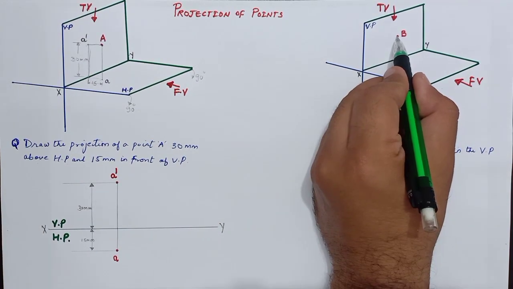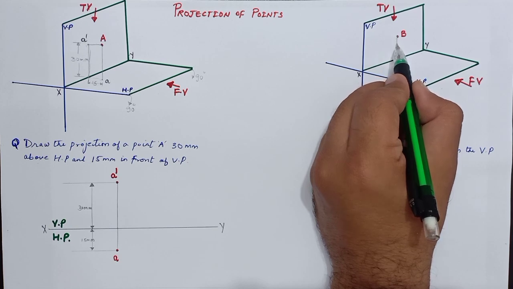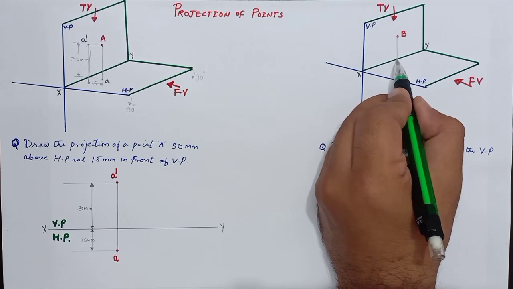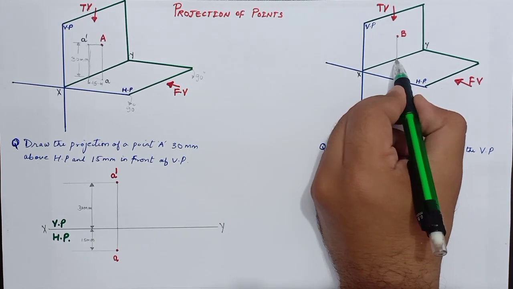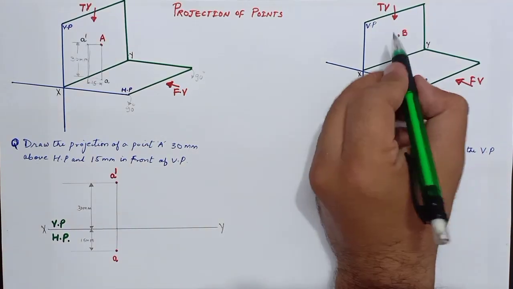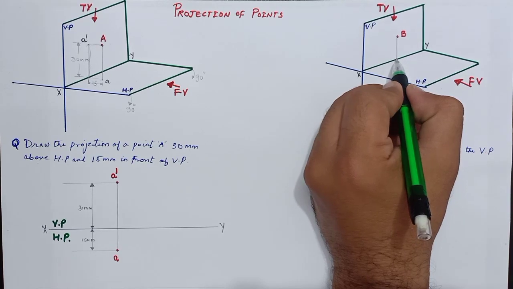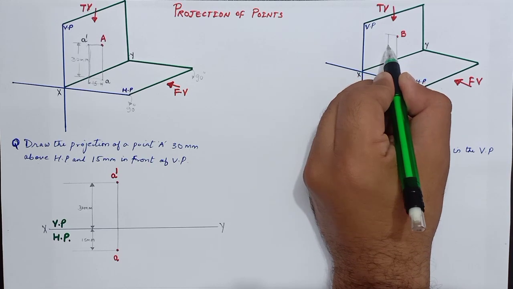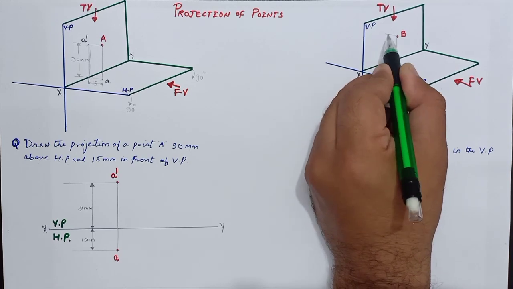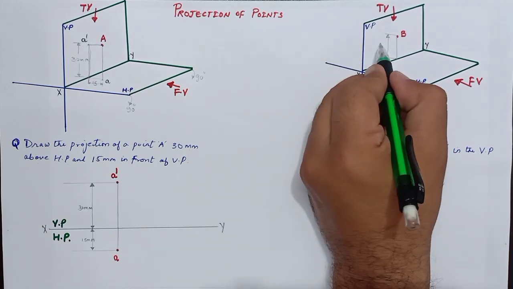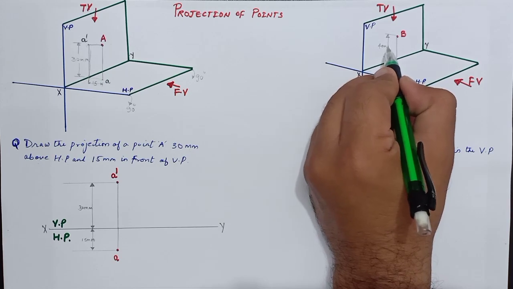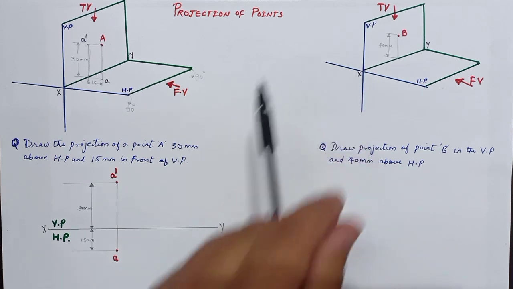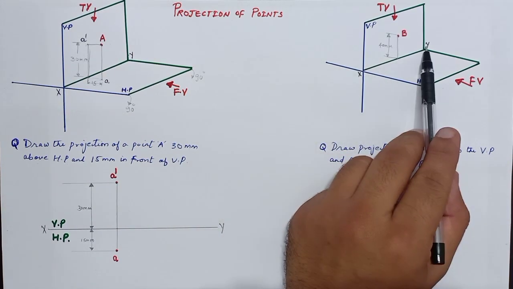If we extend this point B on the horizontal plane, it will lie on the XY line, and the distance from the XY line till point B will be 40 millimeter. Converting this pictorial view to orthographic view, first we need to draw the reference line XY.